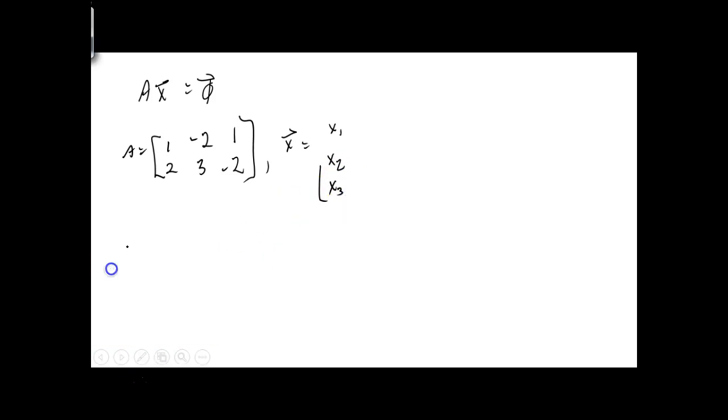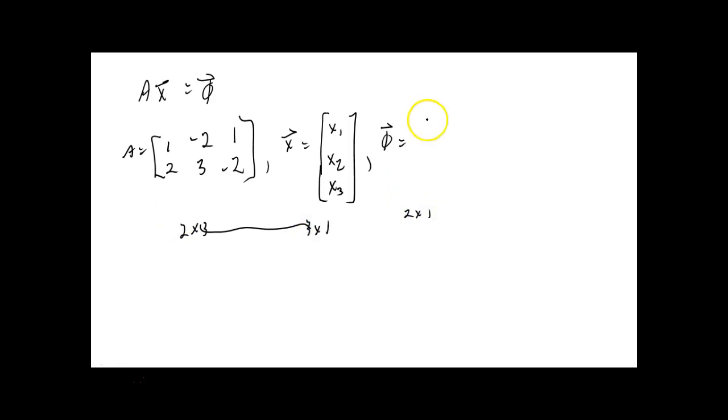And the 0 vector here, this is a 2 by 3, I can't count. This is a 3 by 1, which it has to be for the 3's to wipe out. So this has to be a 2 by 1. That's what's left over. So this is just 0, 0. That's what you got.